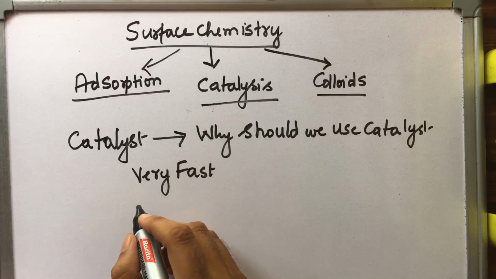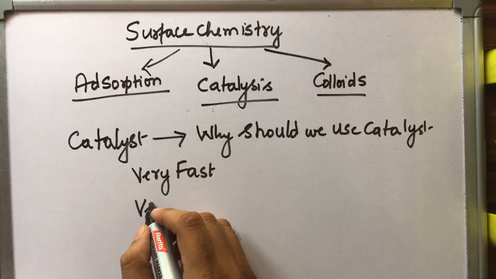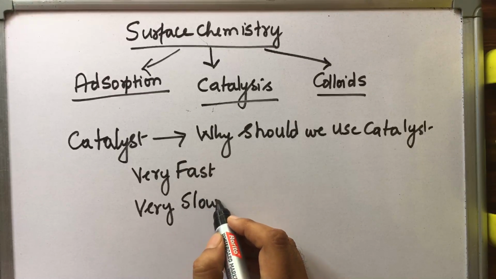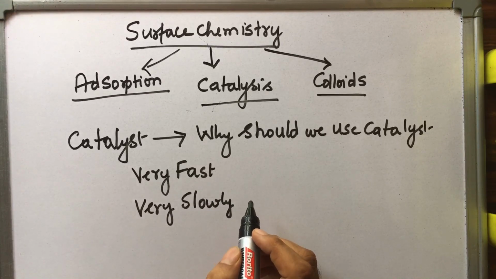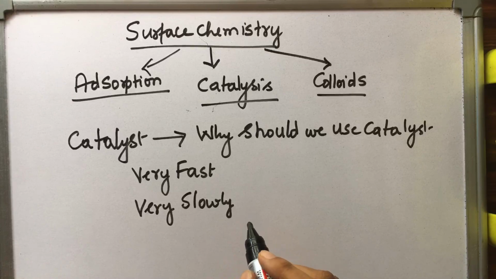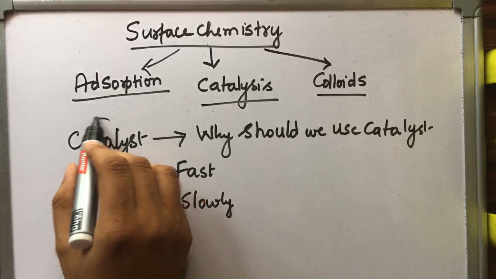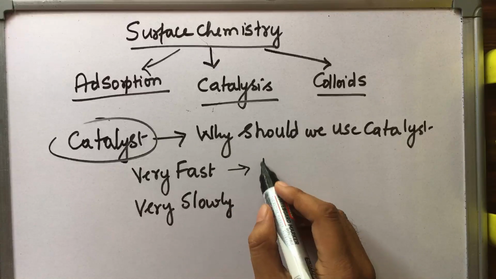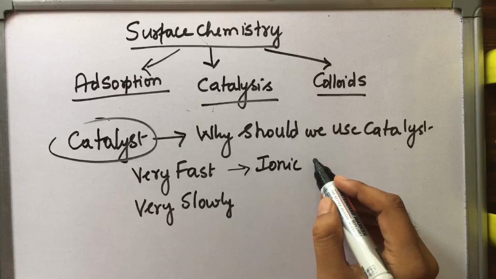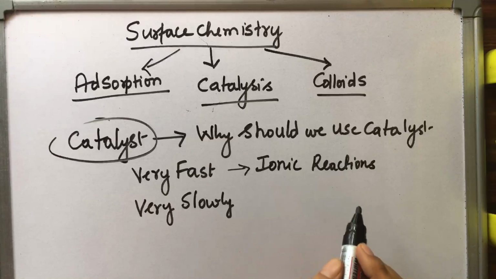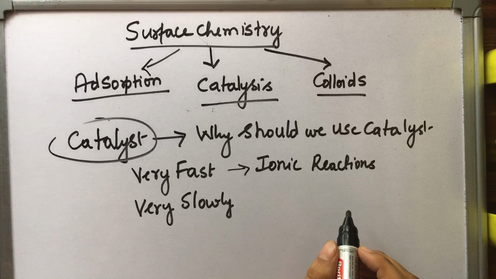And there are certain reactions which happen very slowly. In order to get the product in less time, at a faster rate, we should use certain substances called catalysts. For fast reactions, yesterday I gave you some ionic reactions. Generally ionic reactions occur at a faster rate and do not require any sort of catalyst.